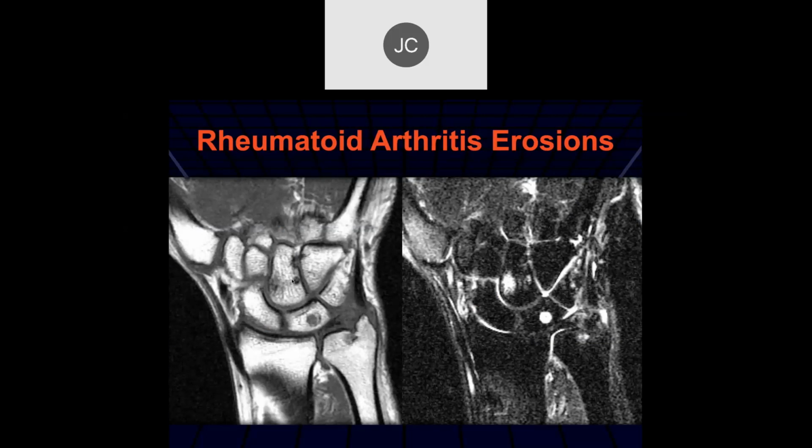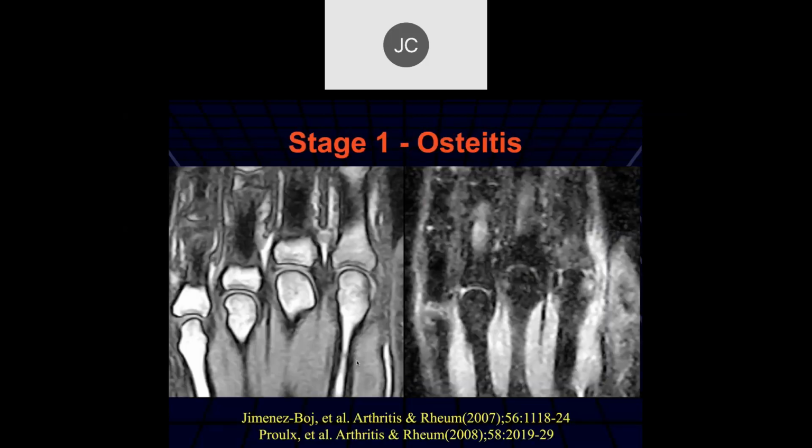And then the chronic erosions, where you start getting fibrous tissue filling in the lesions without a lot of bright signal intensity within the bones. So those are the progressive stages of erosions in rheumatoid arthritis.